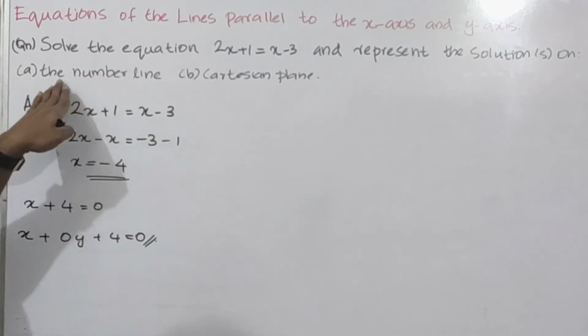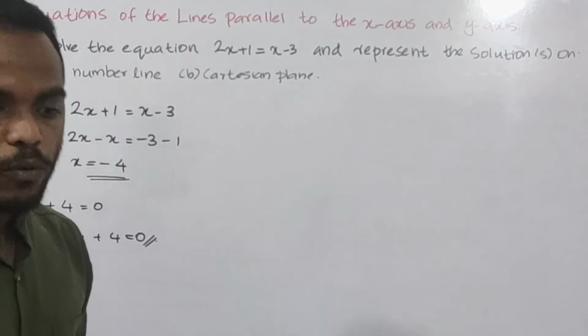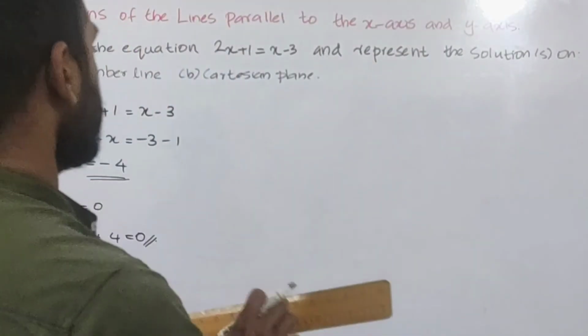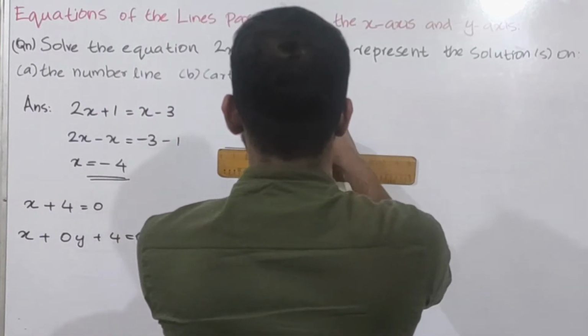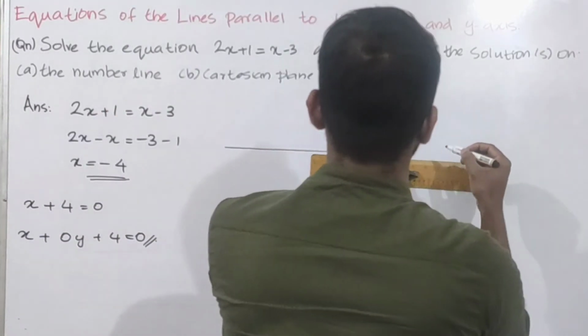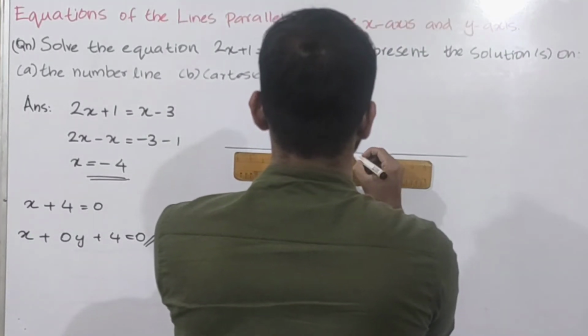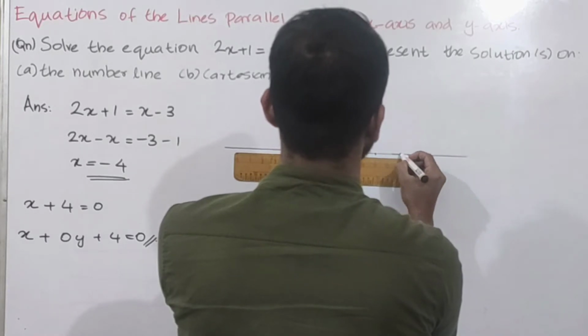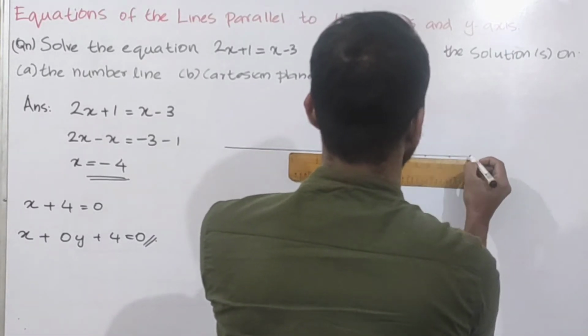But let's see how the equation can be plotted on the number line and the Cartesian plane. We know what a number line is, from basic mathematics we have been learning about that one. So let's see how points can be plotted on the number line. I will mark the points 0, 1, 2, 3, some 8 points.